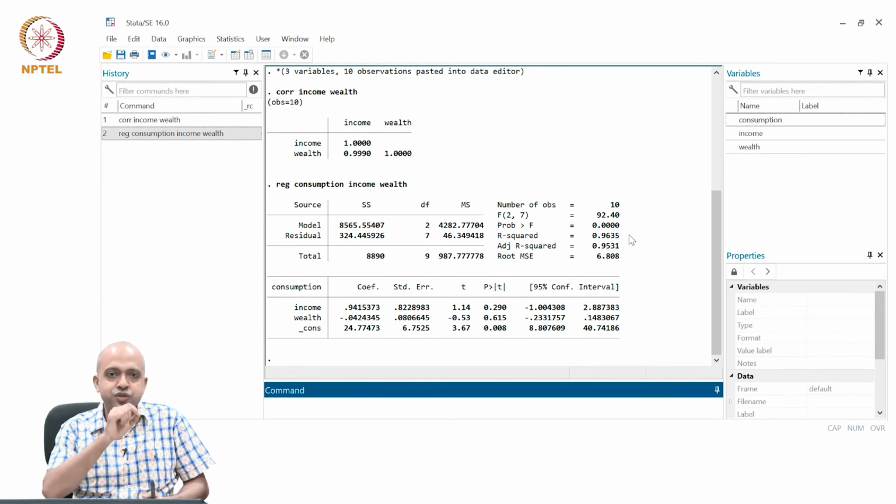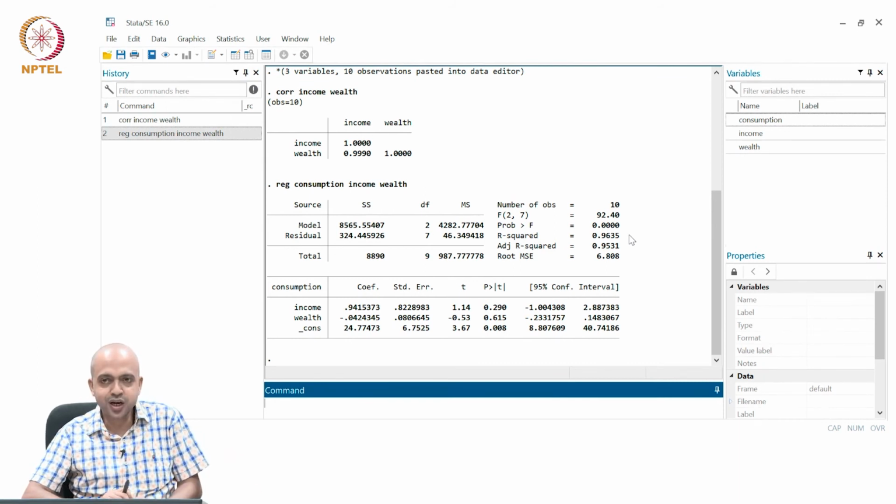And there comes the significance of our F test. If you remember, even though variables are insignificant individually, the model becomes overall significant. So, individual insignificance but overall significance of the model, as I told you earlier, is a classic symptom of multicollinearity.